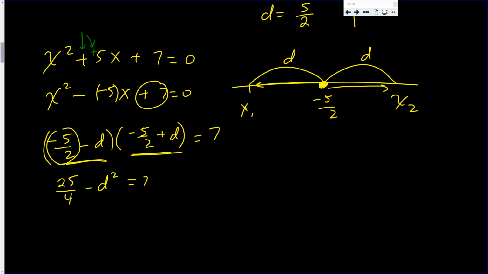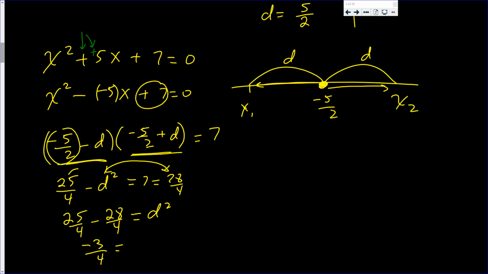And this is 7, which is 28 over 4. And we interchange those two numbers. So you have 25 over 4 minus 28 over 4 is equal to d squared. That is negative 3 over 4 is equal to d squared.